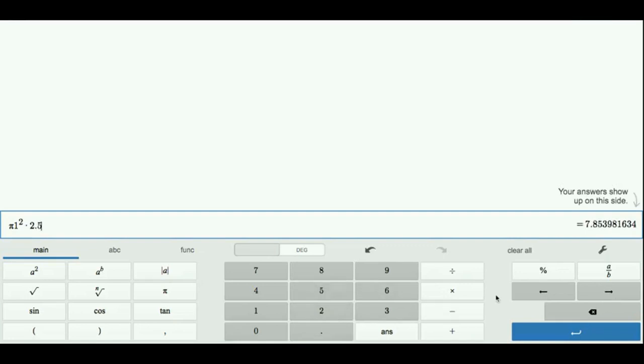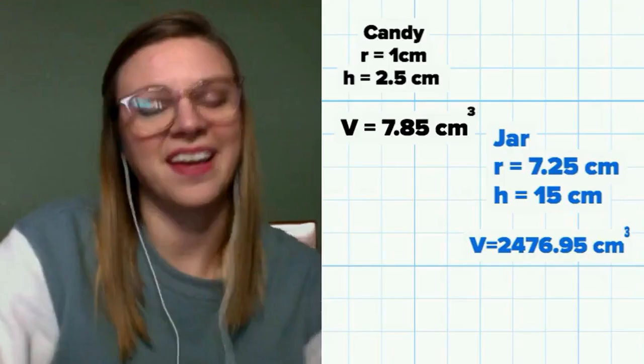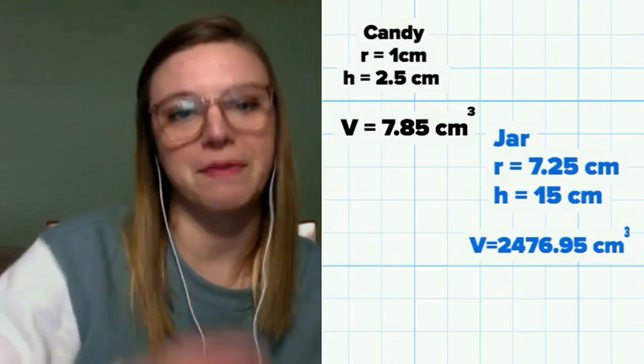And that gives me 7.85 centimeters cubed. That's my candy. And then I need pi times 7.25 squared times 15. Now my volume of my jar is 2,476.95 centimeters cubed. So now I have the volume of both my candy and my jar.